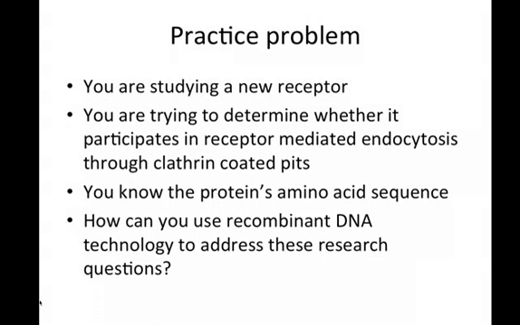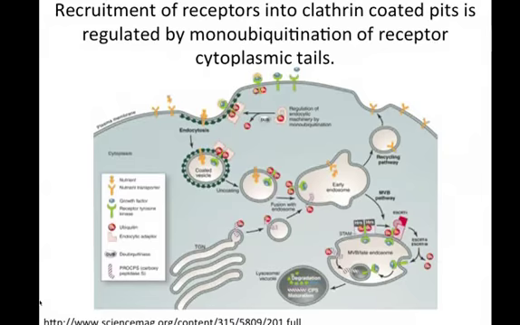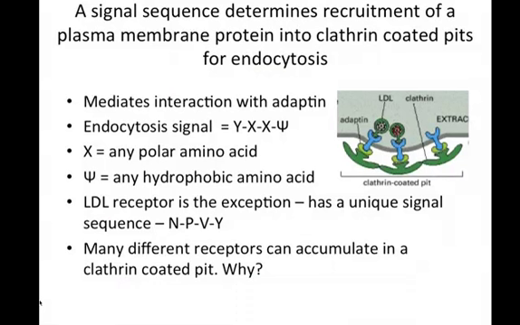So you need to ask yourself, what's required in order for a receptor to participate in receptor-mediated endocytosis through clathrin-coated pits? There are a few pieces of information I just gave to you. Just to be nice, I talked to you about an endocytosis signal.